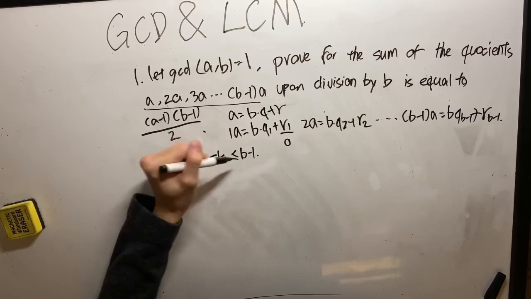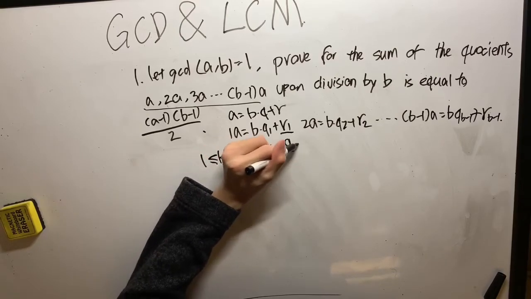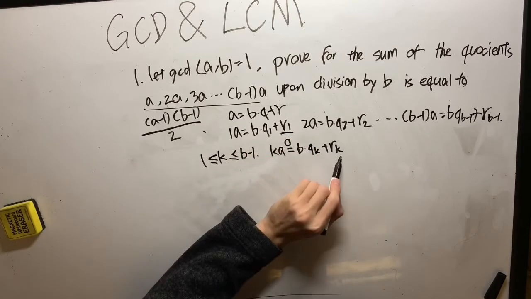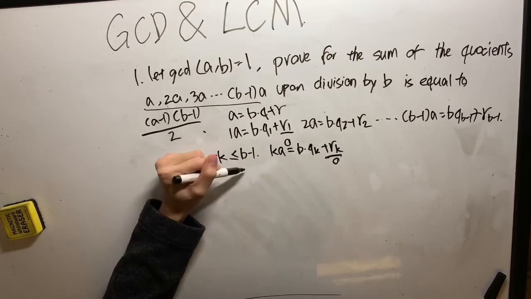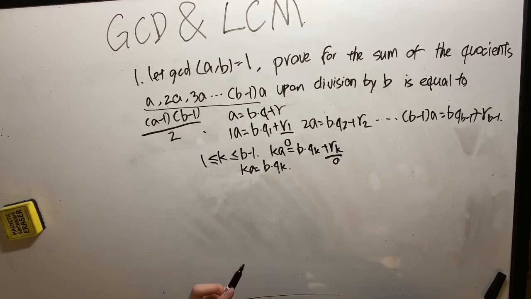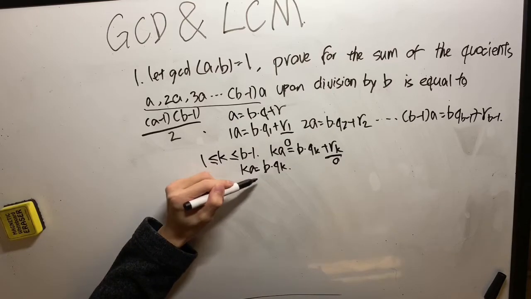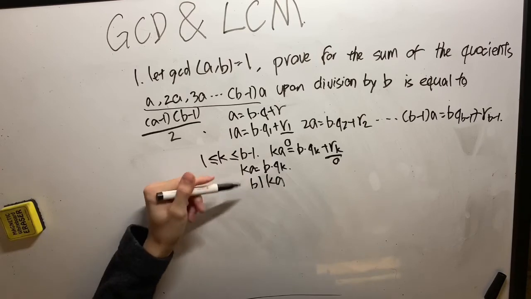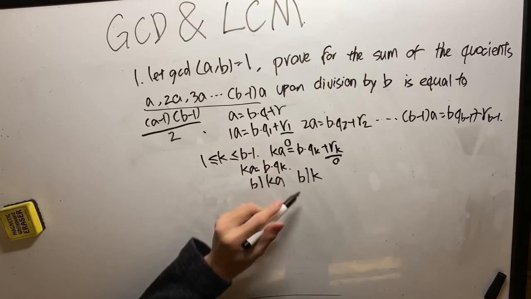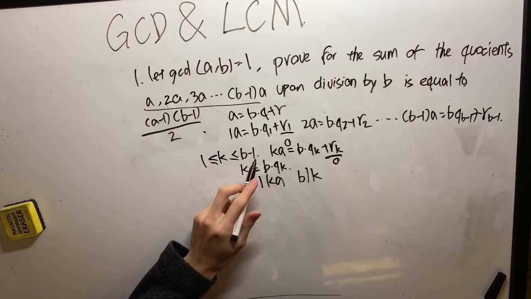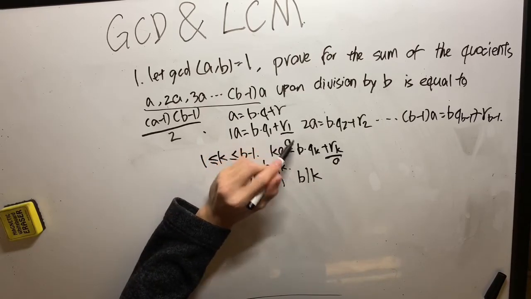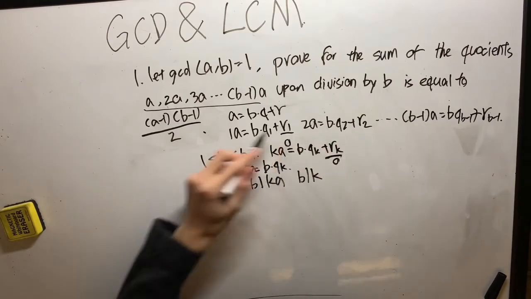So it also has the form kA equals B times Qk plus Rk. Since Rk equals 0, we have kA equals B times Qk. However, this means B divides kA, and since GCD of A and B equals 1, B divides k. But k is less than or equal to B minus 1, so this is a contradiction. So this will not happen. Rk does not equal 0 for any R of these forms.